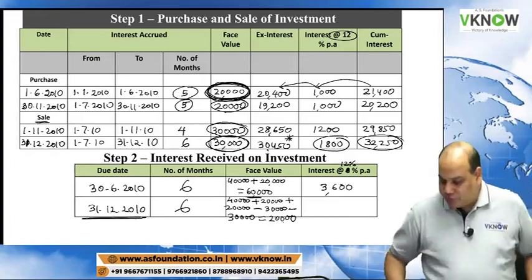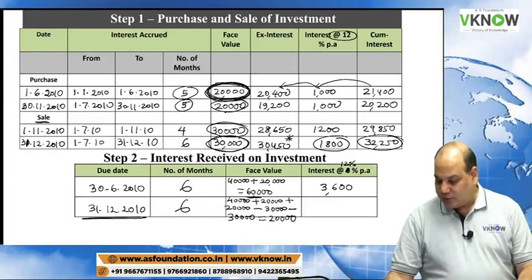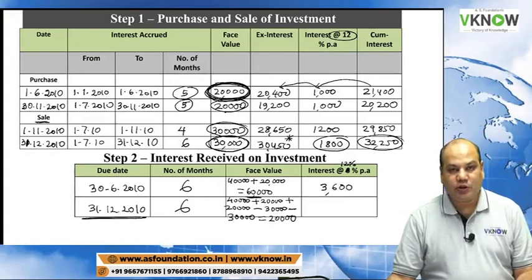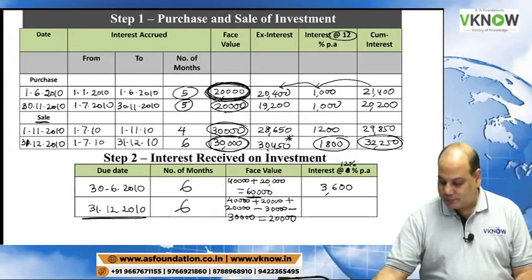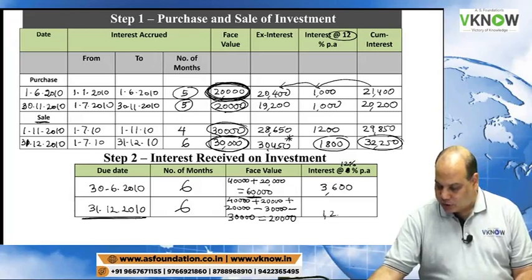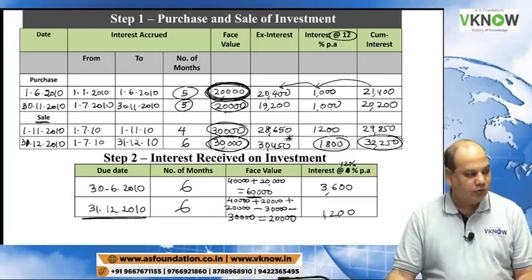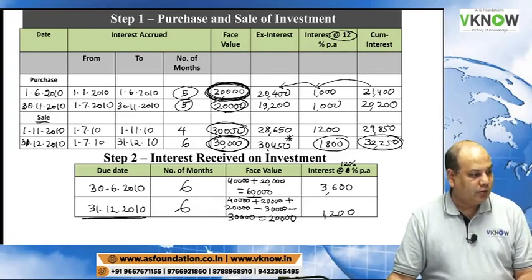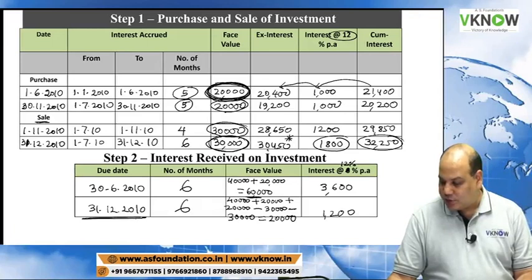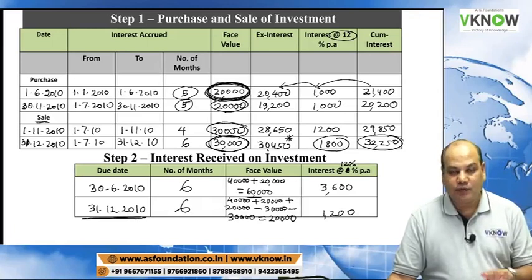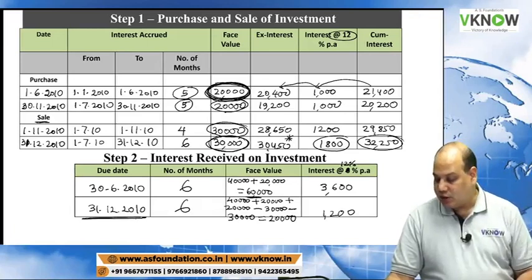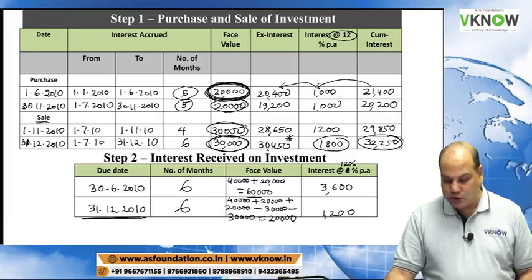Check. So 20,000 into 12% into 6 by 12. That is 1200. You're right. 20,000 is the face value of investment left with us, and the interest received will be 1200 rupees.